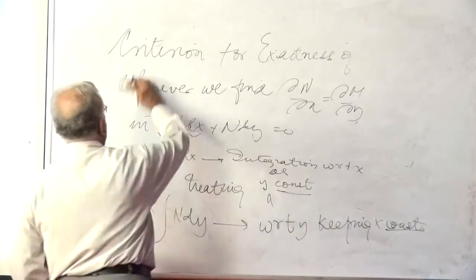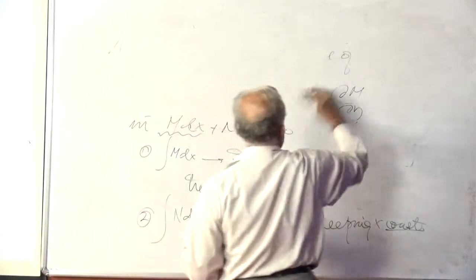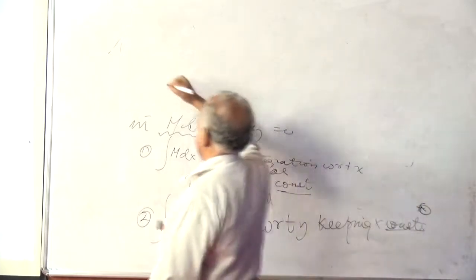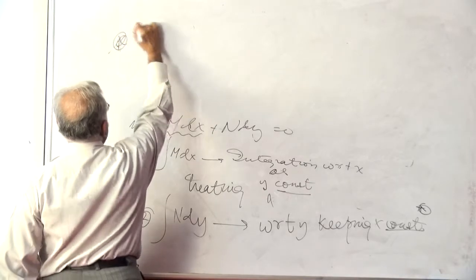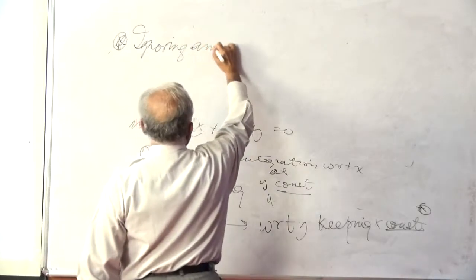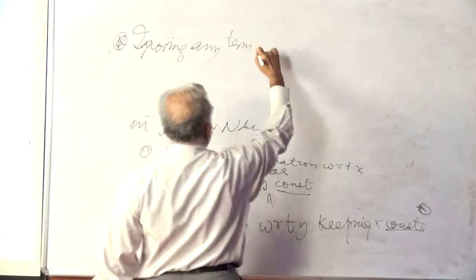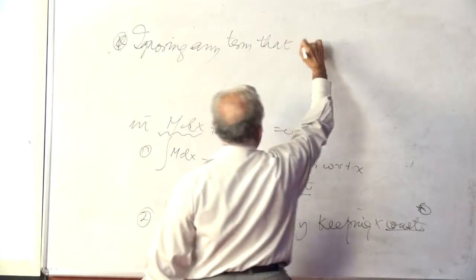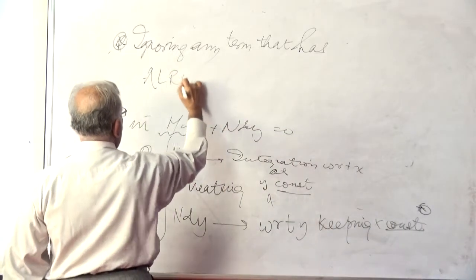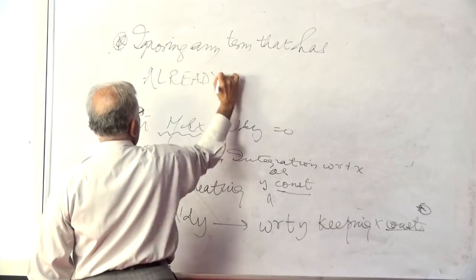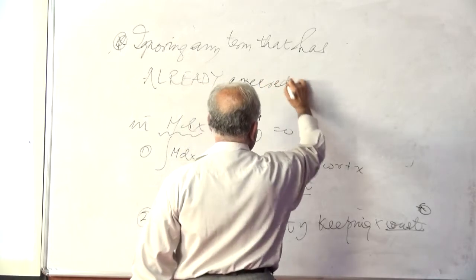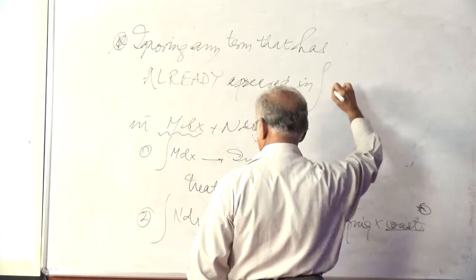And the third step, put an asterisk here and write: ignoring any term that has already appeared in the integration of M dx.